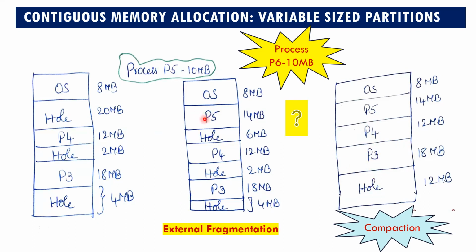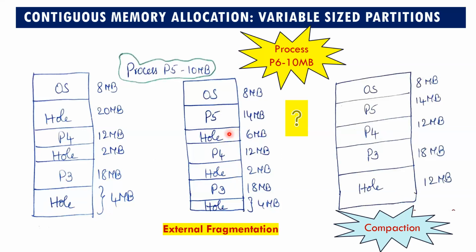So in this example, in between process P5 and P4, there is a hole. So simply move the process P4 upwards, and again in between process P4 and P3, there is a hole. So simply move the process P3 upwards. Likewise, if we relocate all the processes, we have contiguous blocks of memory allocated to P5, P4 and P3.